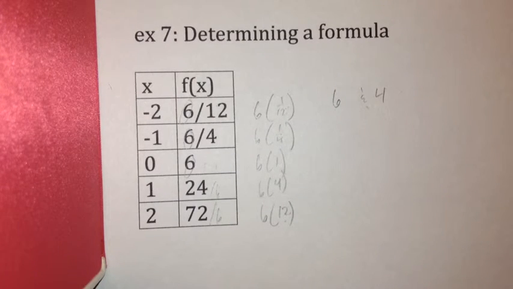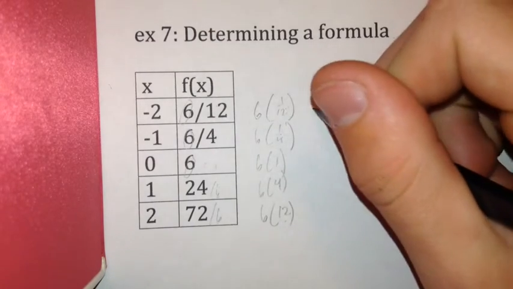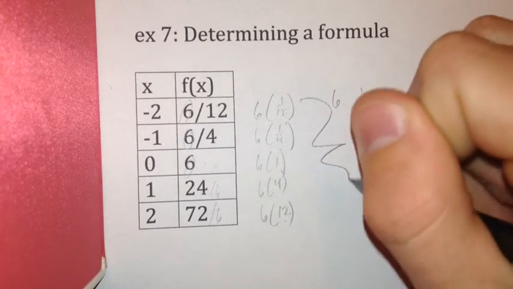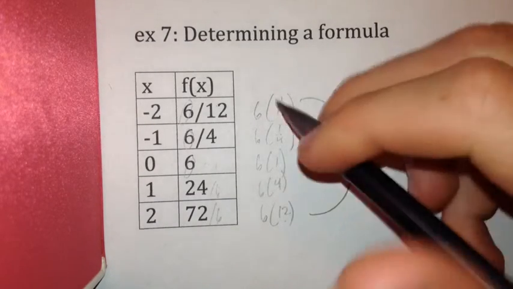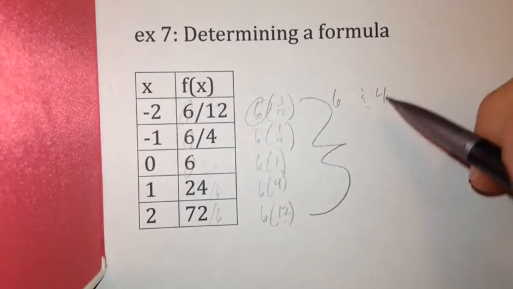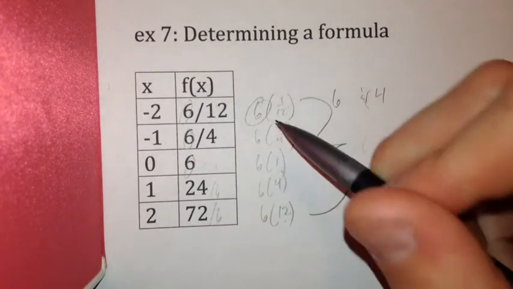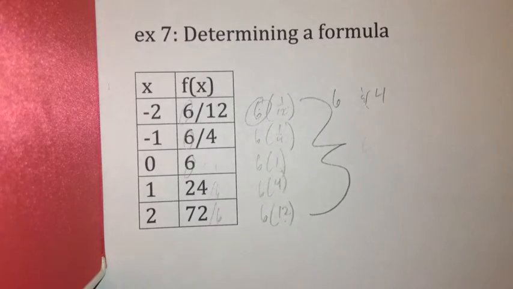So now you put them in the formula. So now you have your numbers right here, and you just plug them in. So basically your first number, 6. Okay, so you have your first number 6, and that goes in the front.